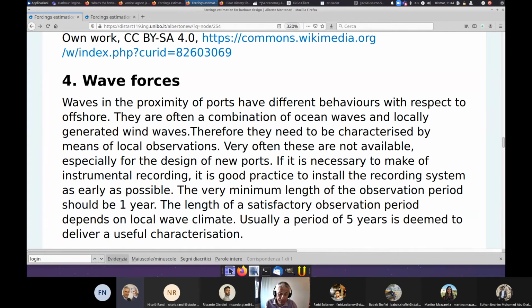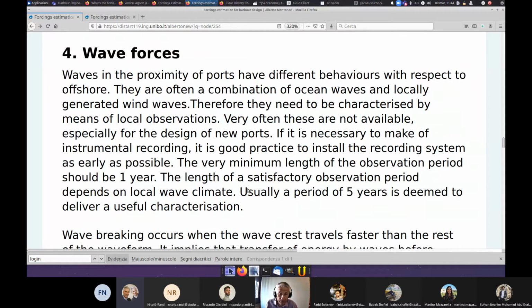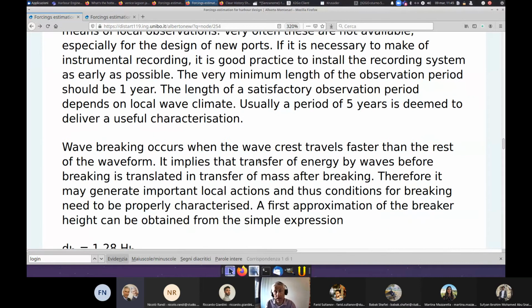So let's say that in general, statistics allows us to compensate for the lack of data. But we have also to be fully aware that statistics means uncertainty. The shorter the data set that we have, the larger the uncertainty.